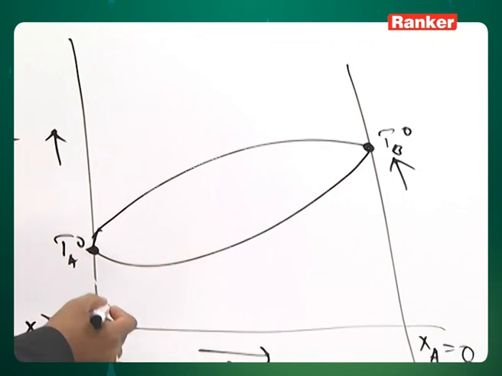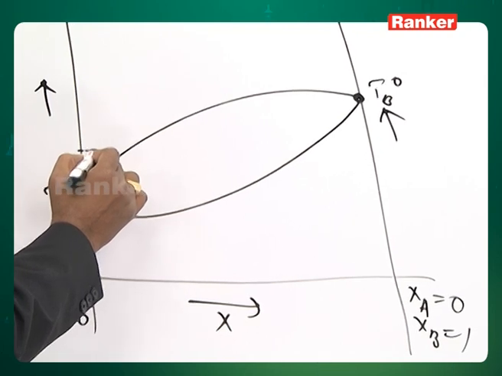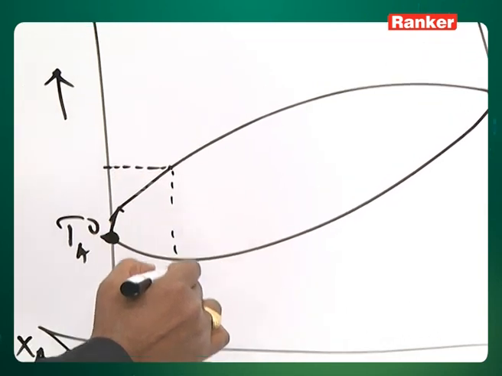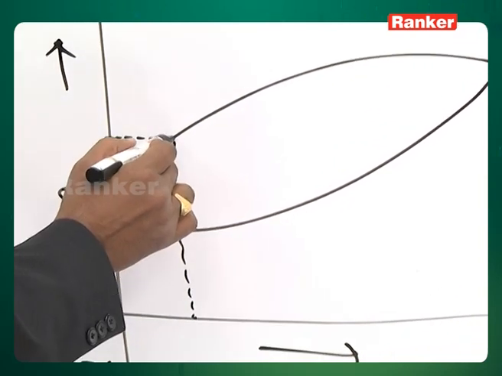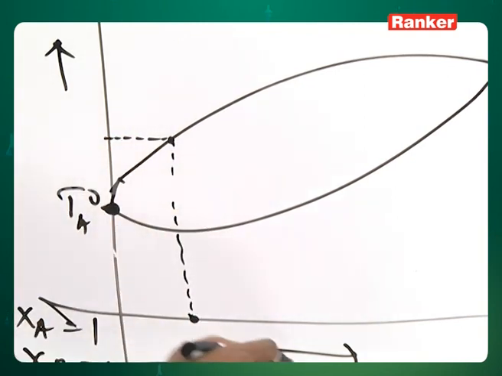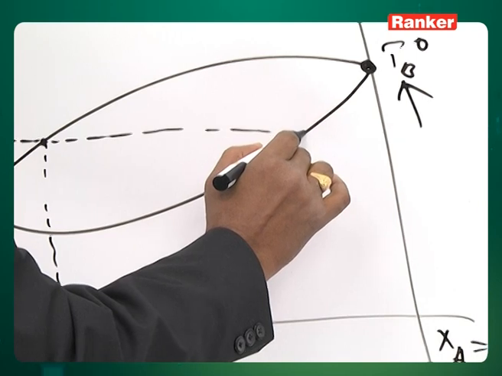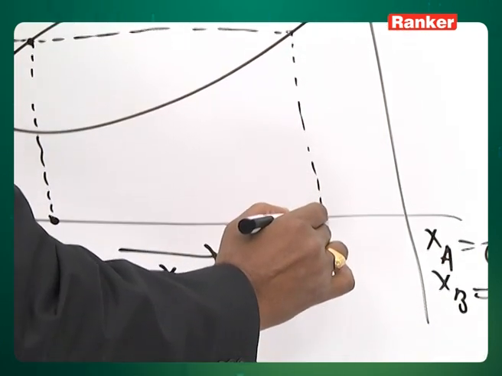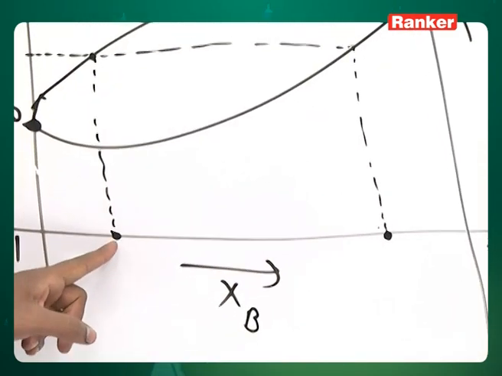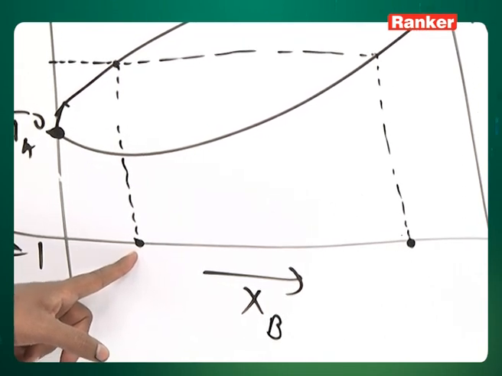So, here if you look at any particular temperature, for example, somewhere over here, then according to this curve, this is the fraction of B, and at the same temperature, this is for B. Now, if you consider this intercept, here x B is less and x A is more.